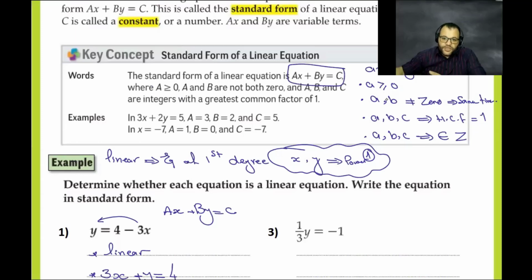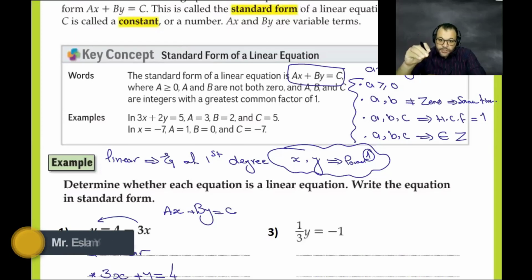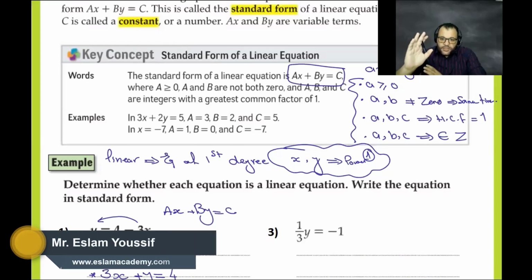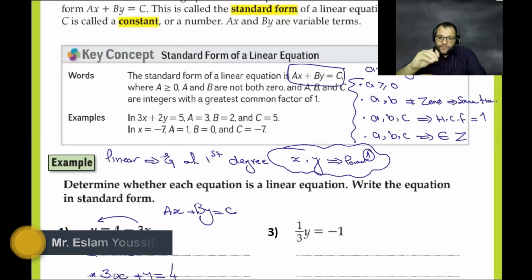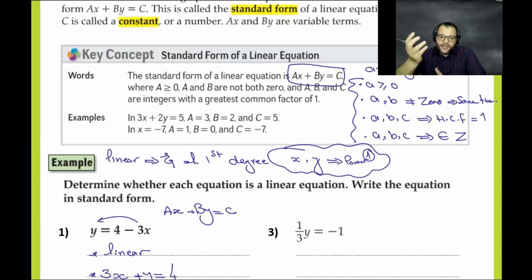What are the conditions for the standard form? There are 4 conditions for the standard form. You have to memorize these 4 conditions. A must be greater than 0. There is no relation now; for this point, it is not for understanding, you have to memorize this one. When I ask you what's your name, you just give me the name without understanding. This point 4, you have to memorize it.